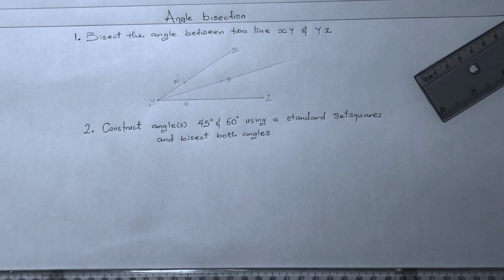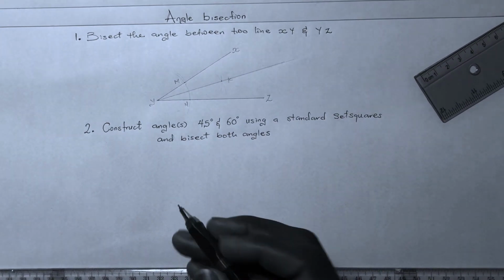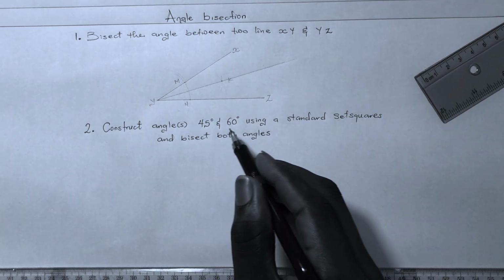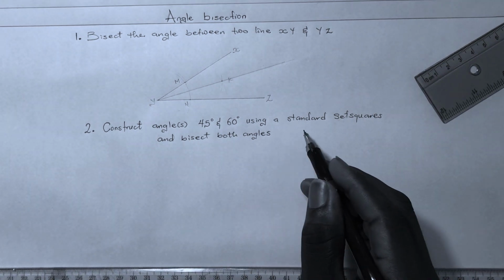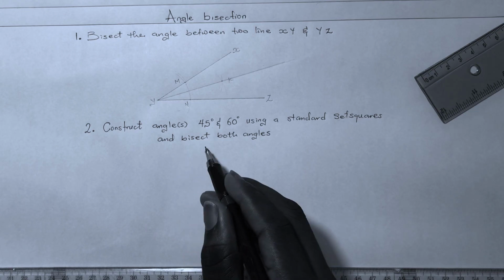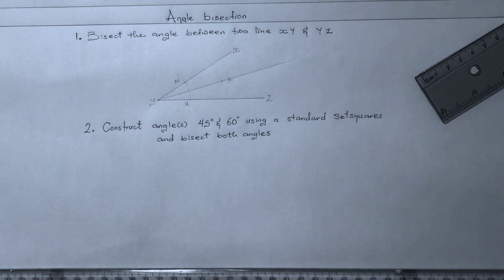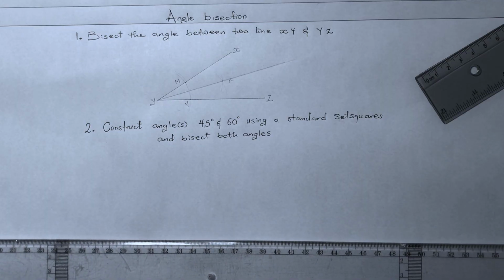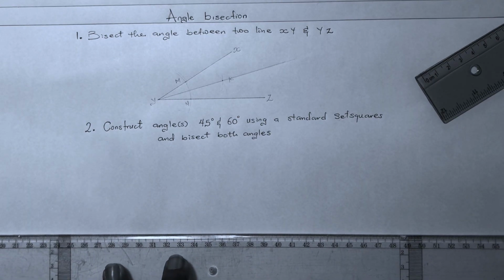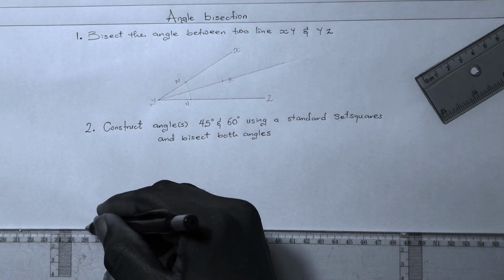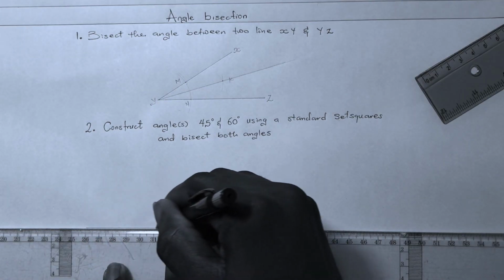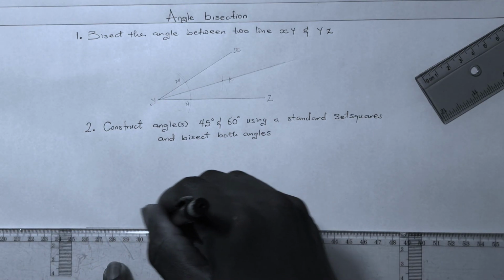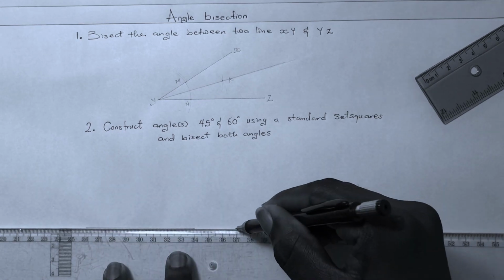Question number 2 says construct angles 45 and 60 using a standard set scale and bisect both angles. To construct an angle of 45 and 60 using a set scale, we have a first line here, and then we have the second.